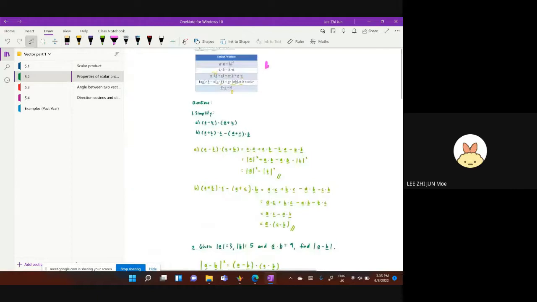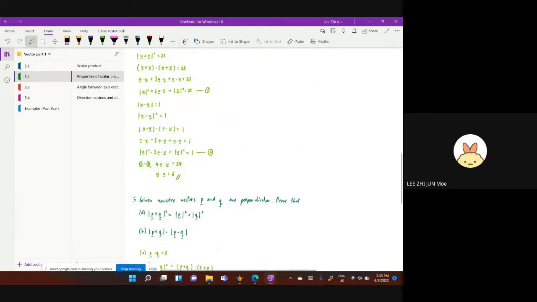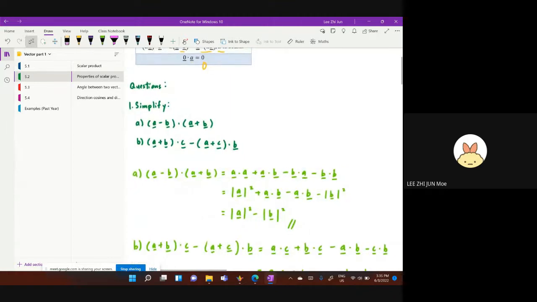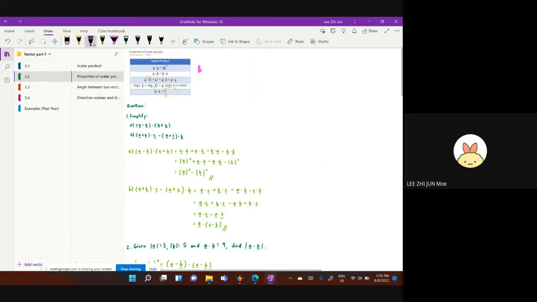Okay, there are 5 questions. Okay, let's go to a question. So simplify (A minus B) dot (A plus B). For this you just factorize it. Factorize A times A, A times B, negative B times A, negative B times B, just like factorizing.